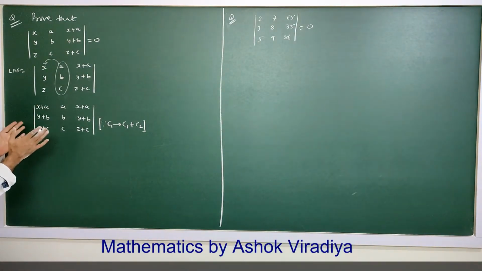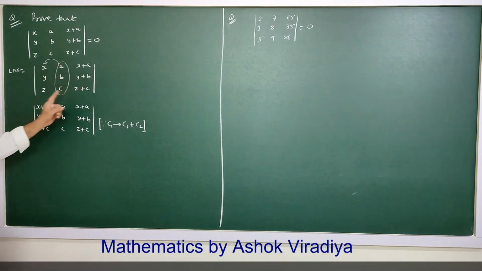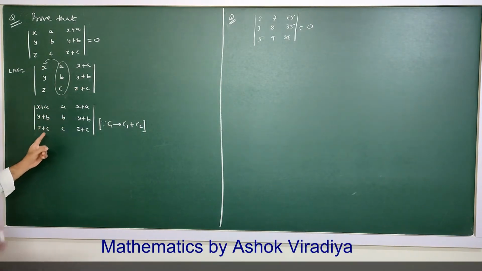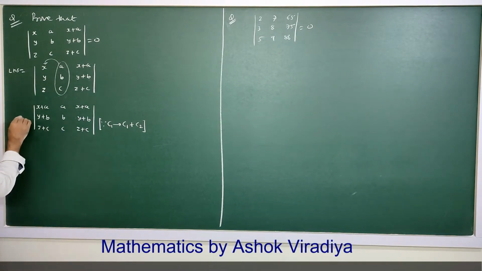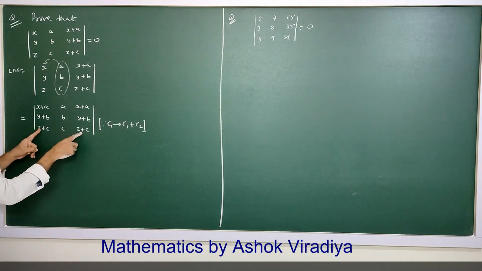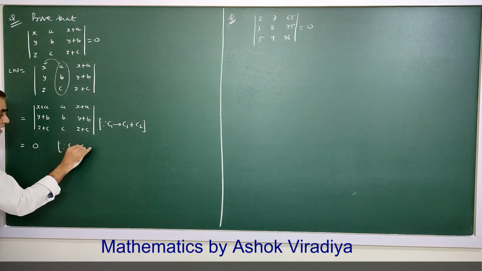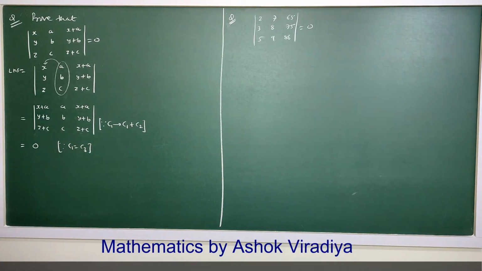So when we perform this operation, the value of the new determinant remains unchanged. If its value is 11, the value of this determinant will also be 11. So we join them by the sign of equality. So this is equal to this determinant. D is equal to D dash. And now say here these two are the same, so the value is 0 because column 1 and column 3 are equal.